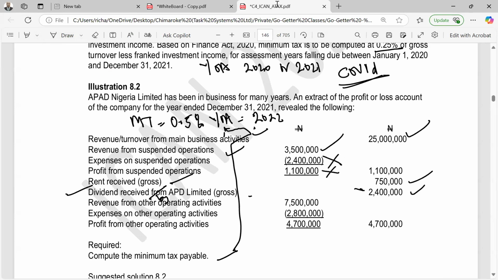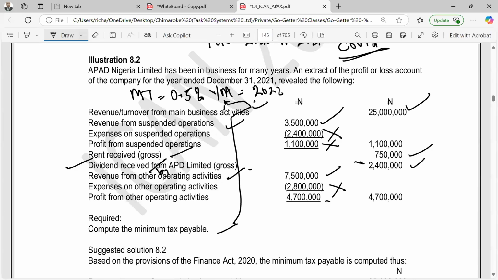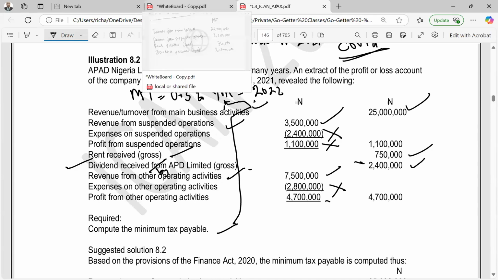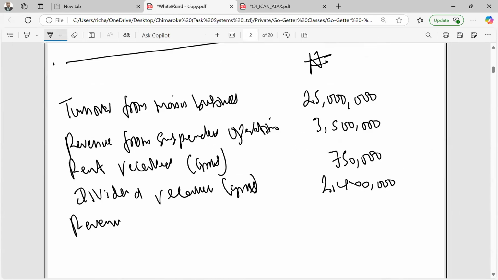Then we also have revenue from other operating activities. We are going to take this 7.5 and ignore the other. Revenue from other operating activities, 7.5 million.